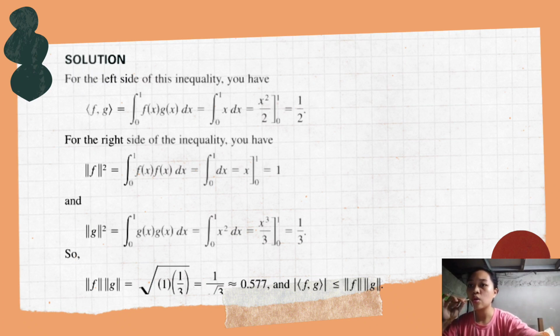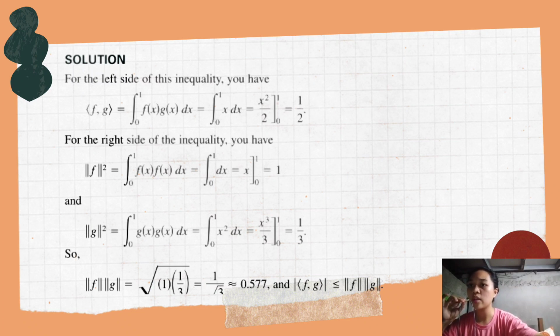And the norm squared of g is equal to the integral from 0 to 1 of g(x) times g(x) dx. By multiplying x times x, we get x squared. So we now have the integral from 0 to 1 of x squared dx.